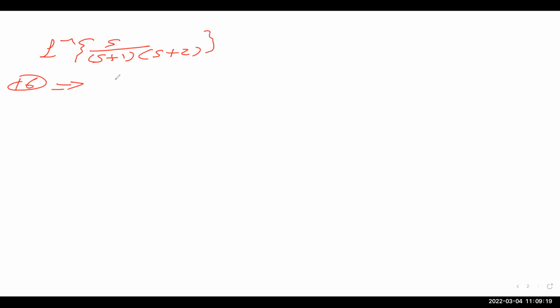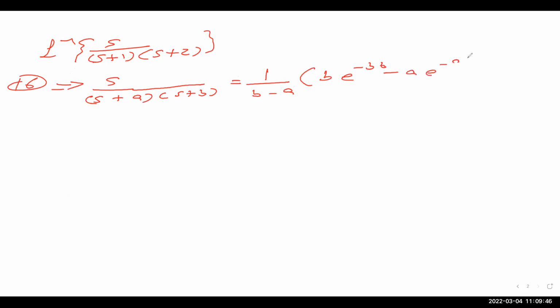We know that s over (s plus a)(s plus b) is equal to 1 over (b minus a) times (b e to the minus bt minus a e to the minus at). So we'll be using this particular transform.